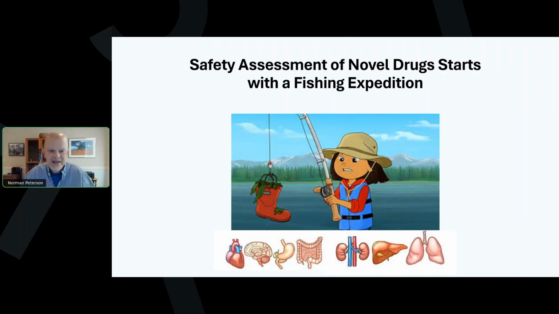Let's look at the other end of the therapeutic index, and that's the toxicity. And in working with toxicologists, and just from an overall umbrella viewpoint, it's pretty much a fishing expedition, especially if you don't know anything about the compound that you're developing.